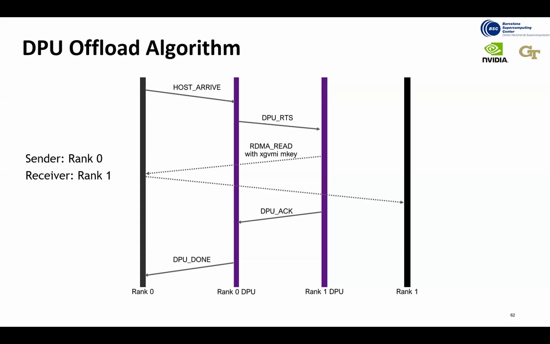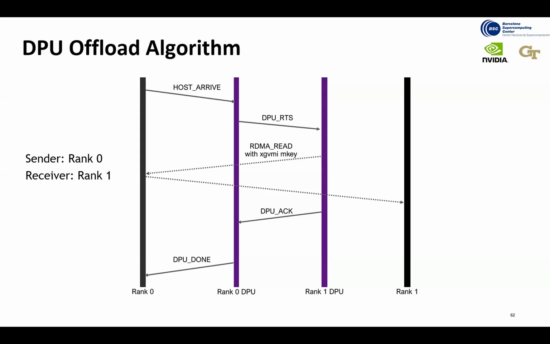It will send a control message, post arrive, to the DPU, to the service process that is running on the DPU. We call it a control message because it does not have any data in it. It's really only an event to notify the service process that the rank joined the collective and provide a set of information about the collective.